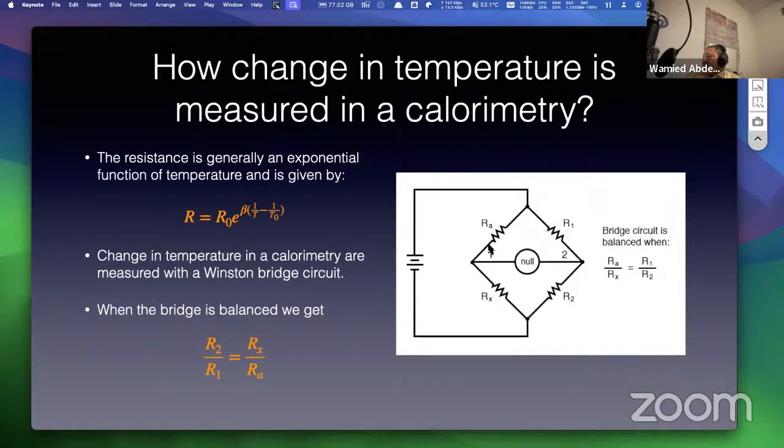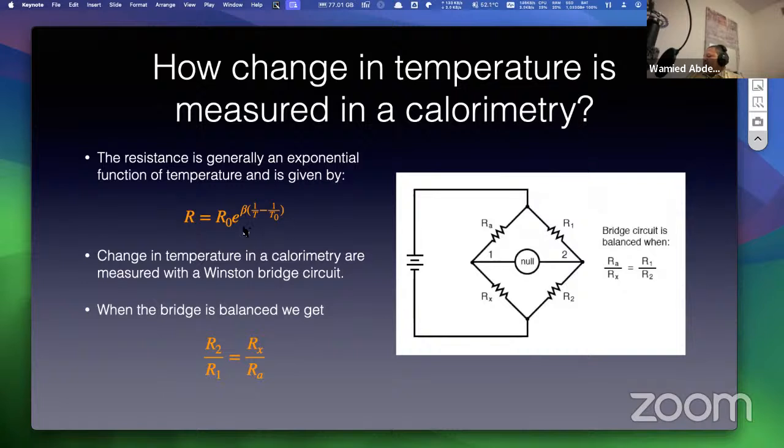Now, once we shoot the beam, the resistance of A is inside the beam at our point of measurement. The resistance will change with temperature. So if the temperature changed at that point, the resistance is going to change.